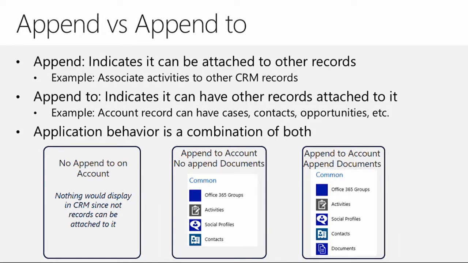If I have append to privileges on the account entity, and I have append privileges on the documents entity, now you can see that I can add documents to the account record. So it's a combination of both of those. And that's where you really need to look at what your underlying needs are, and then define what you want to do moving forward.